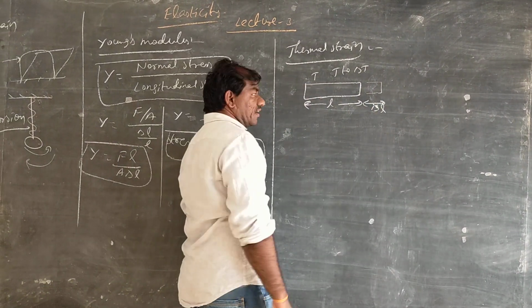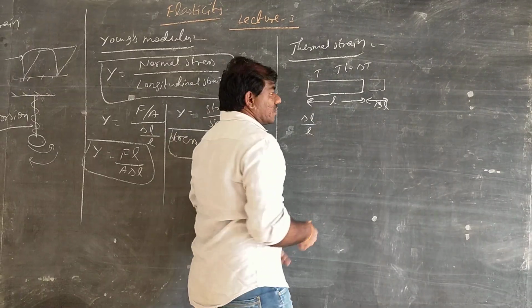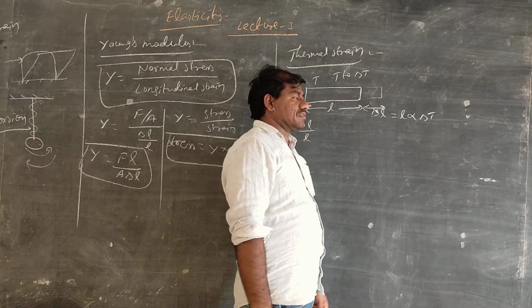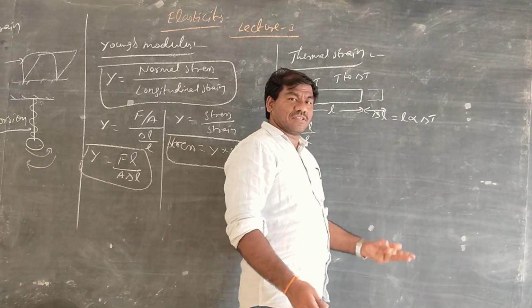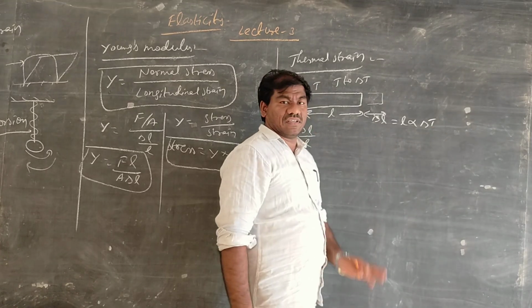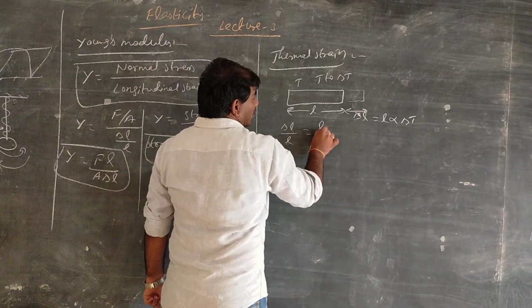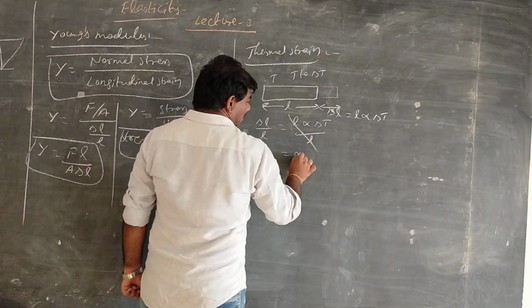Now this will be the delta L. What does your strain come out to be? Delta L by L. We already know that delta L in terms of thermal expansion is L alpha delta T, where L is the original length, alpha is the thermal expansion coefficient, and delta T is the change in temperature. If I put it here, L cancels.